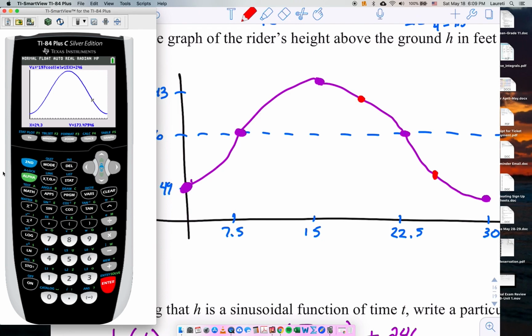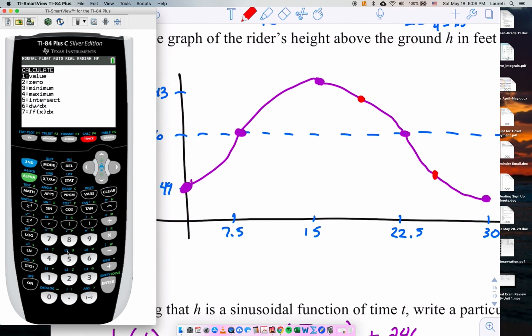So if I go back to my graph, I'm going to change my window now. I don't want one period, now I want two periods, so 0 to 60. And then I want to know when it hits 400 for the second time. So y2 should be 400. You're going to graph that. So it's got 2 cycles and then 400 for the second time, which is right there.